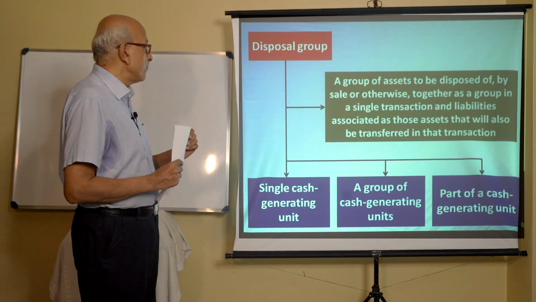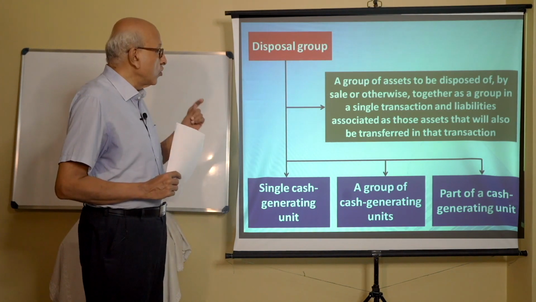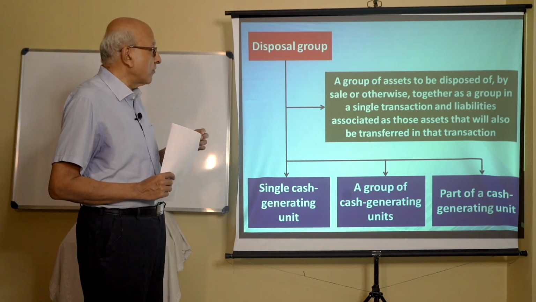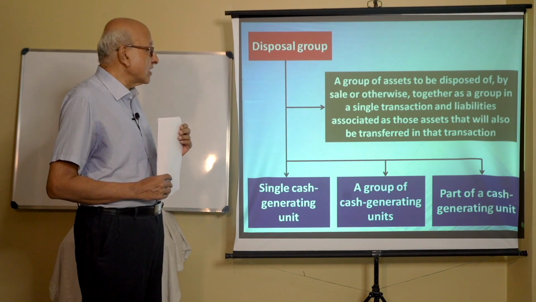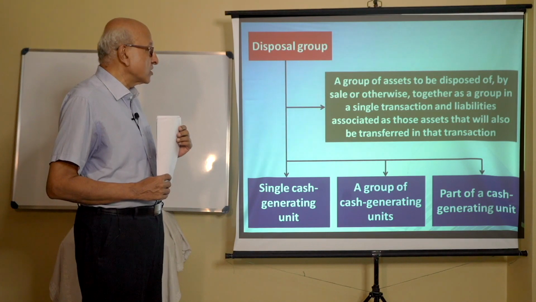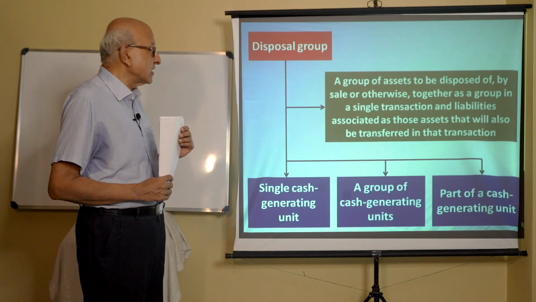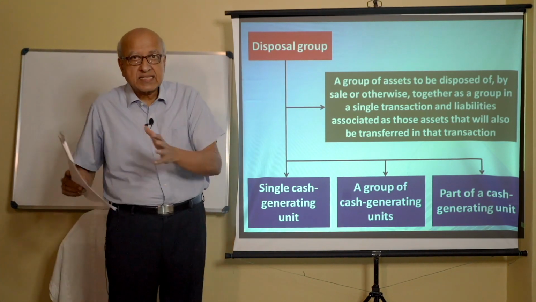Disposal group. What is a disposal group? A group of assets to be disposed of by sale or otherwise, together as a group in a single transaction, and liabilities associated with those assets that will also be transferred in that transaction. There can be a single asset sold.